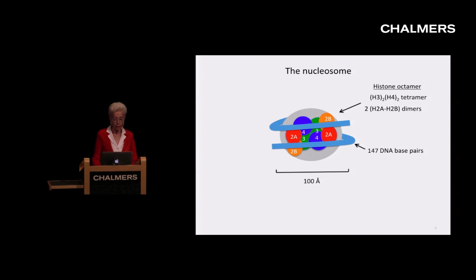The energy required for bending is supplied by interactions of negatively charged phosphates in DNA with positively charged amino acids of the histones. This picture was confirmed by X-ray crystal structure determination by Richmond and co-workers in 1997.